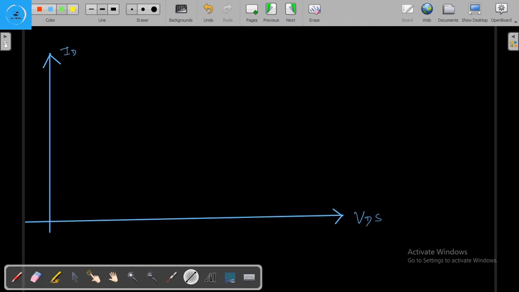So I am drawing here, let's see, for the small value of the VDS. For the small value of the VDS, this ID will increase linearly. As we increase the VDS, now see how this curve goes.